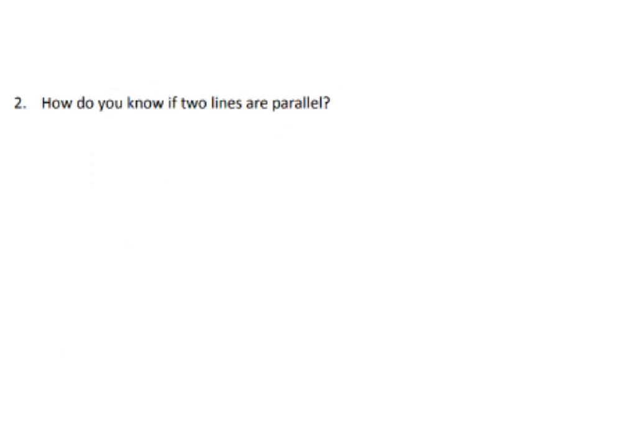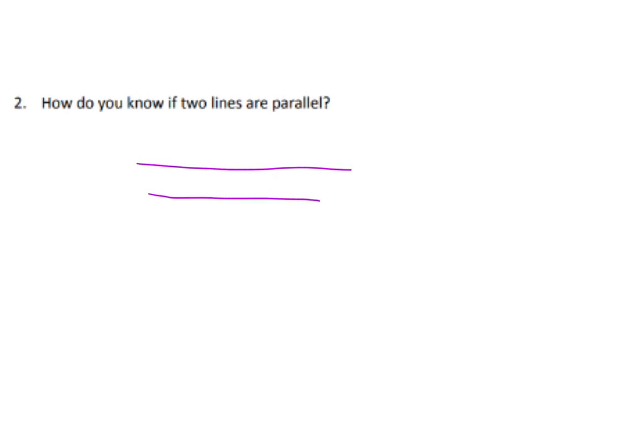Our second question is, how do you know if two lines are parallel? If we think back to our vocab and the last example, they're coplanar lines that will never intersect. So you will always know that they're parallel if you see two straight lines like this and like this that are never going to cross.